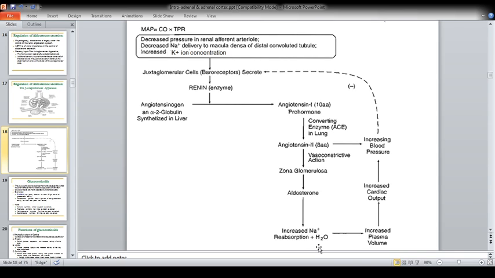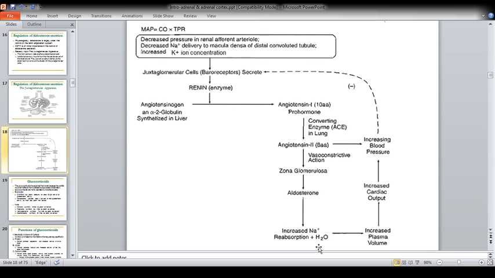This increased cardiac output would cause increased blood pressure, and this increased blood pressure would give negative feedback to the juxtaglomerular cells to stop producing any more renin, and hence the function of aldosterone would also stop when the blood pressure normalizes. So all of this is known as the renin angiotensin aldosterone system.